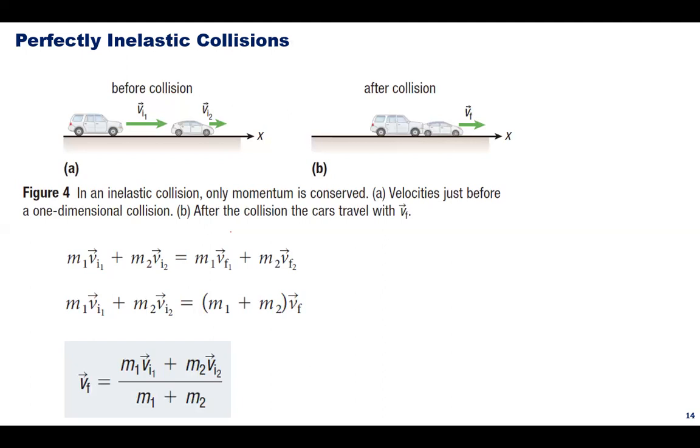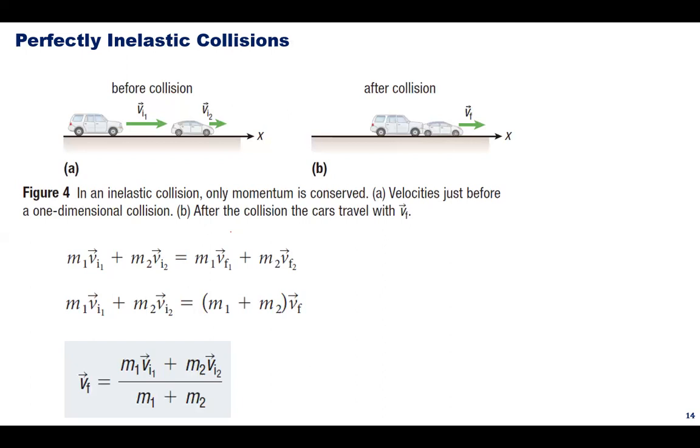So here, figure 4 on this page shows two cars coasting on a straight road in one-dimensional space with velocities vi1 and vi2. These are the two initial velocities of the two cars.